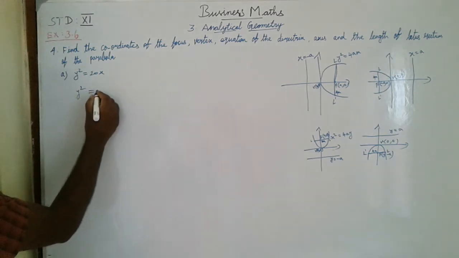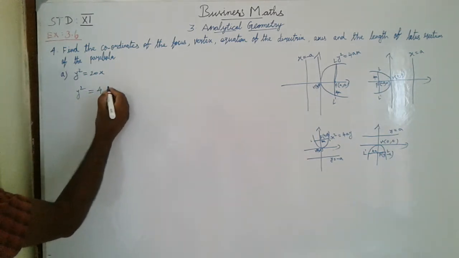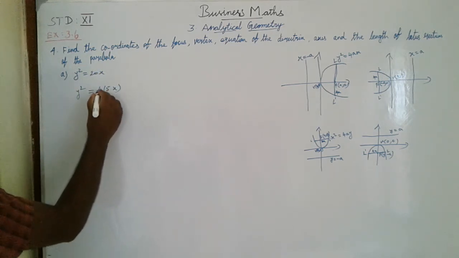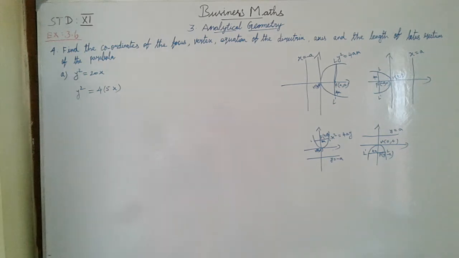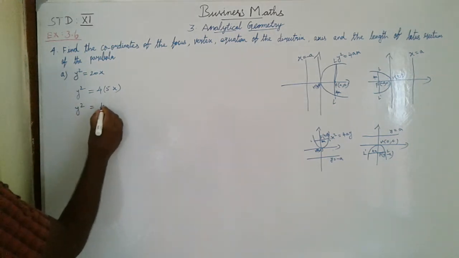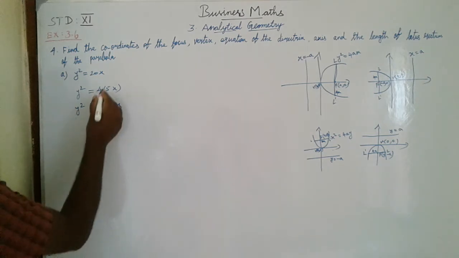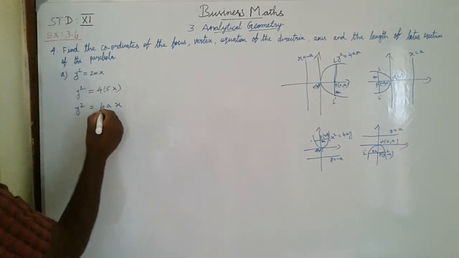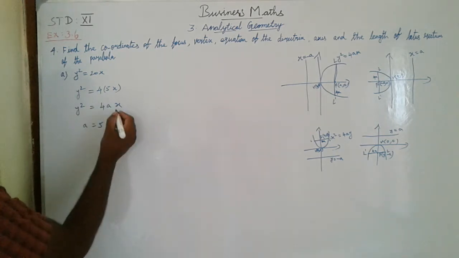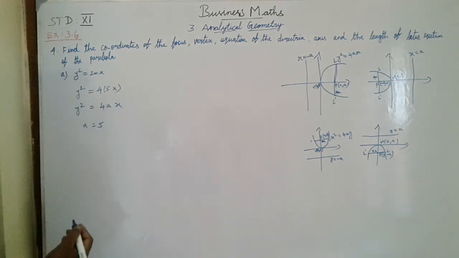Y square equal to 4 into 5x. Compare this with y square equal to 4ax: 4a equal to 4, a is 5, y square is y square, x is x. So a equal to 5.